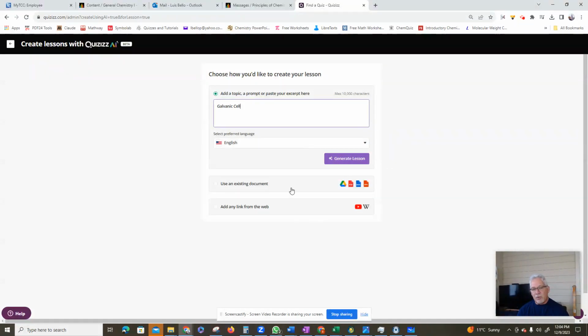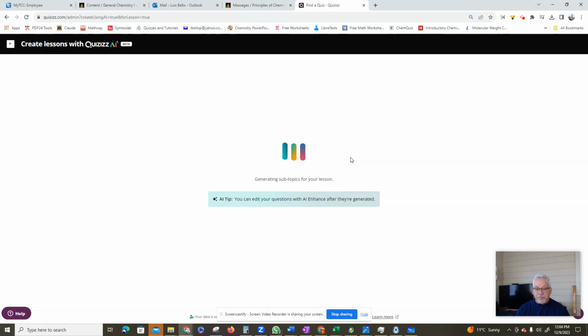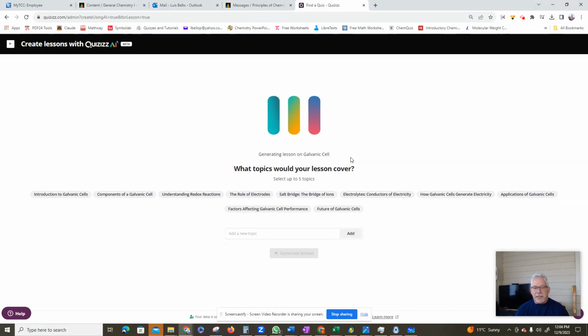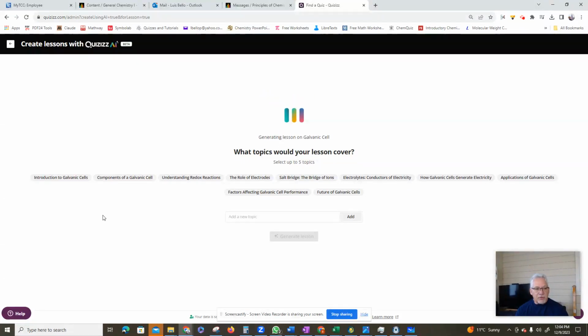And then I don't want to use any document. You can use a document for creating your lesson or any website that you want to use. I tried that before, but I like to type the topic that I want. And then it will start creating a slide presentation, but they offer, okay, I want the introduction, the components, understanding redox, and the role of the electrode, the salt bridge.